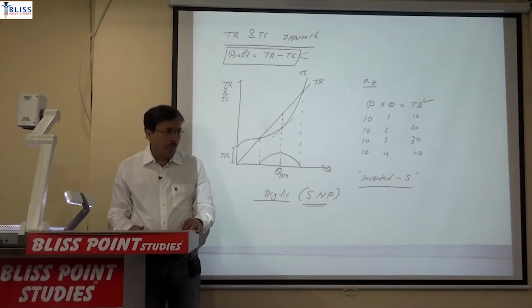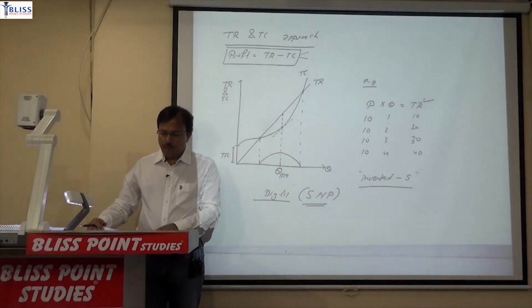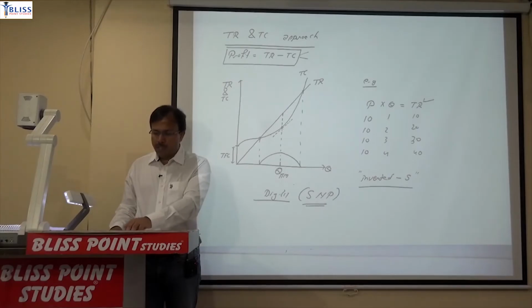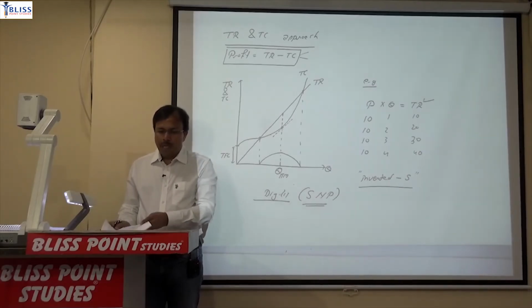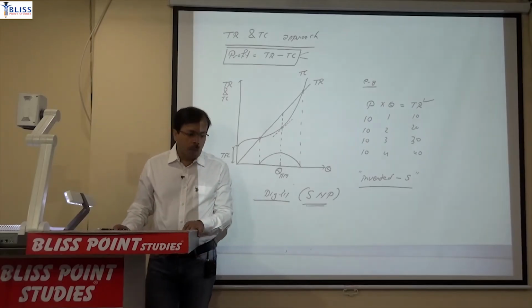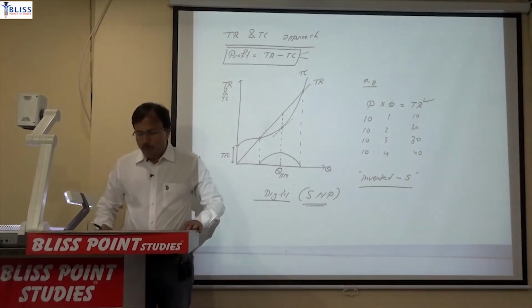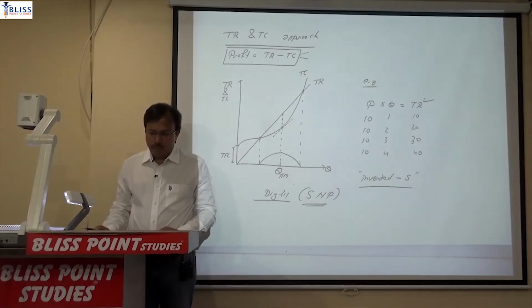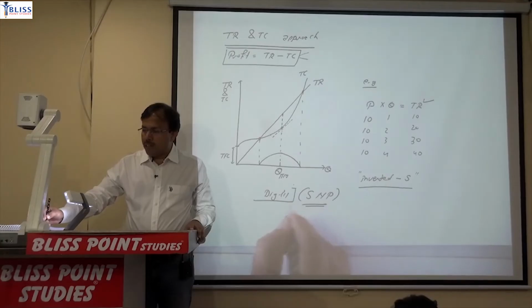So since the difference between TR and TC is positive, the competitive firm is earning supernormal profit. Okay, just in bracket mention diagram 1. Diagram 1 is showing that.